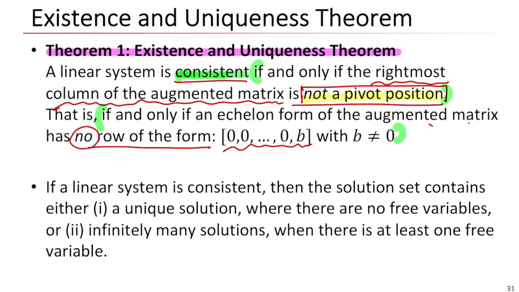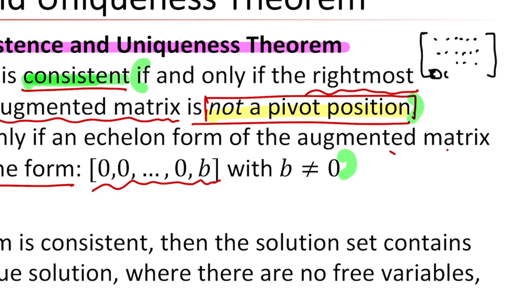Here is the example. Okay, we just have the echelon form of the matrix, something like this, but there was a row something like 0 0 0 0 0 1.